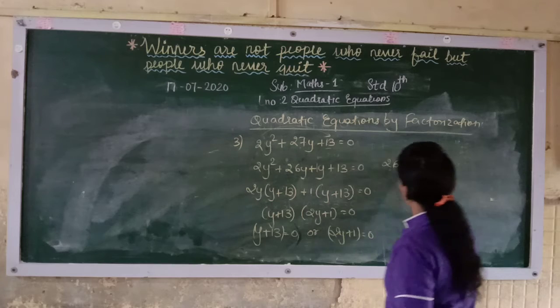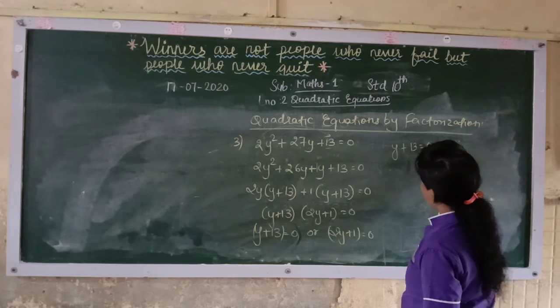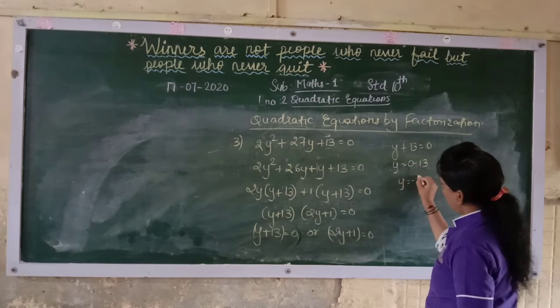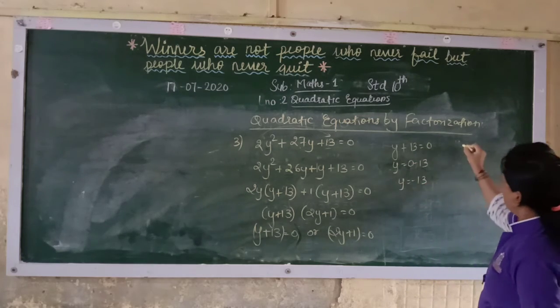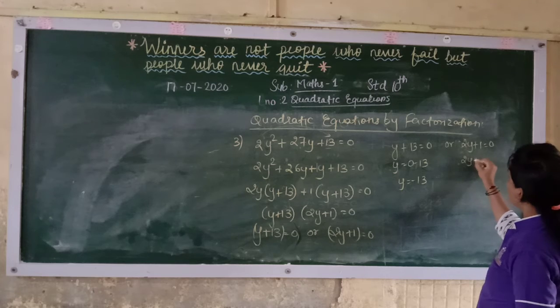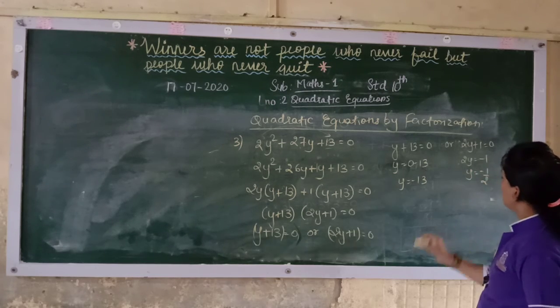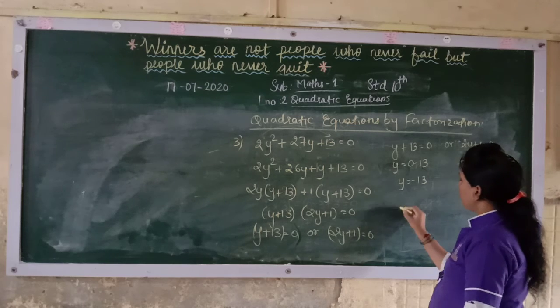So here what you will get? y plus 13 is equal to 0, y is equal to 0 minus 13. So y you will get minus 13. This side, 2y plus 1 is equal to 0, so 2y is equal to 0 minus 1, that is minus 1. y is equal to minus 1 by 2. So what you will get?